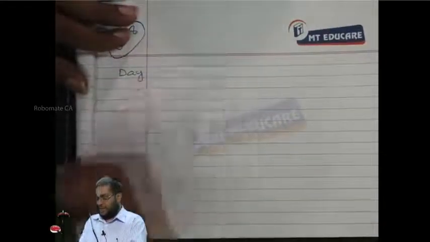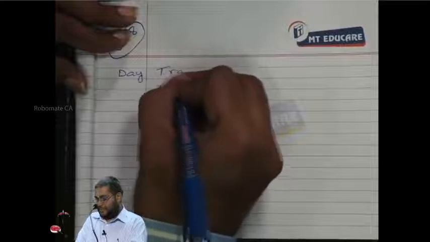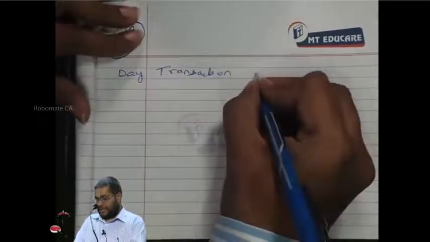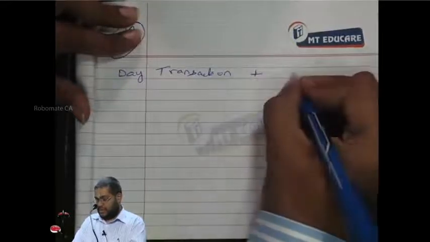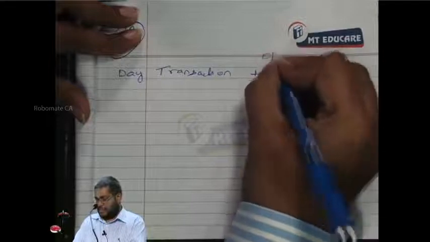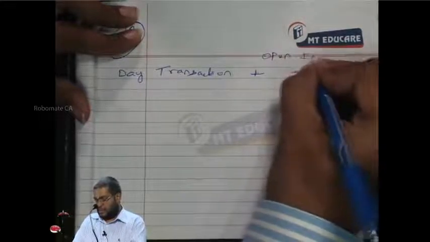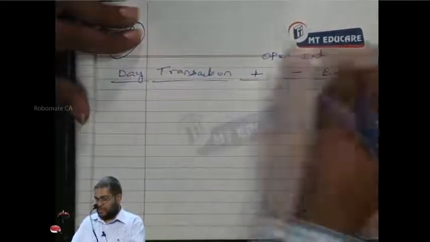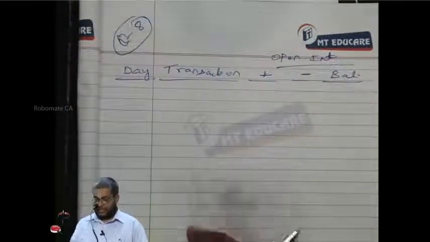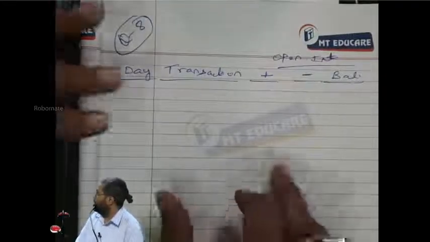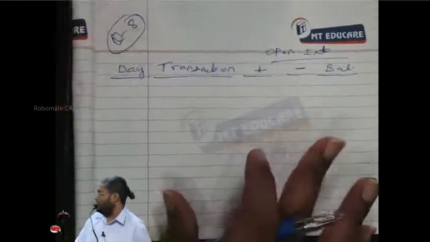Have the following columns: day, transaction, open interest, plus, minus, and then balance.